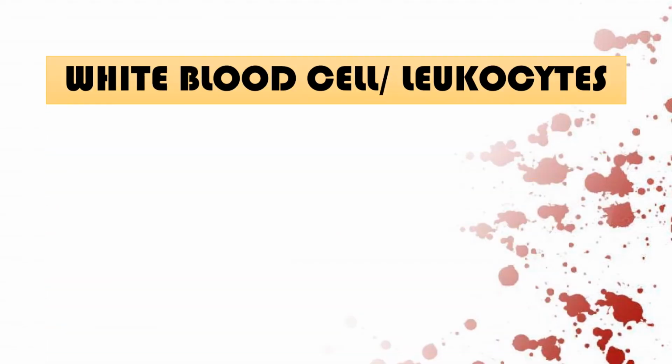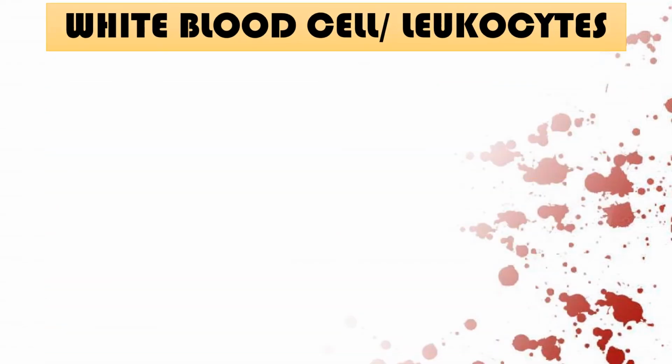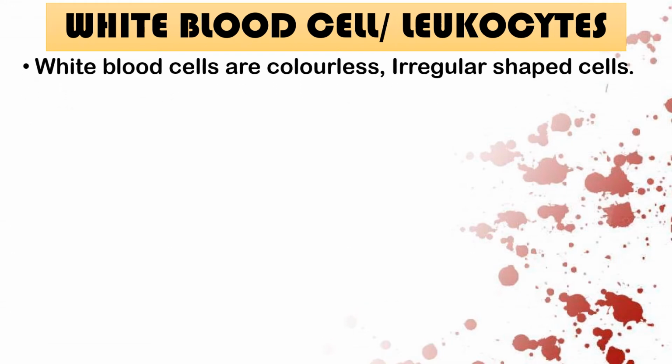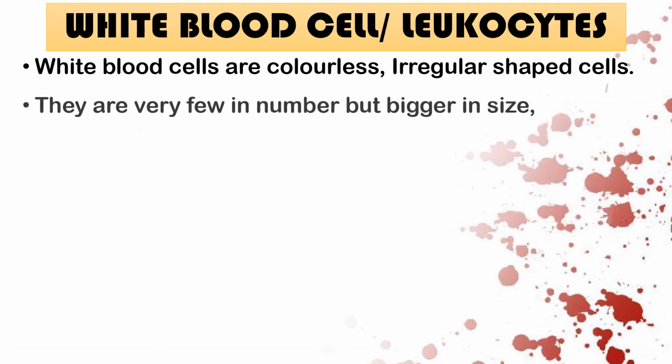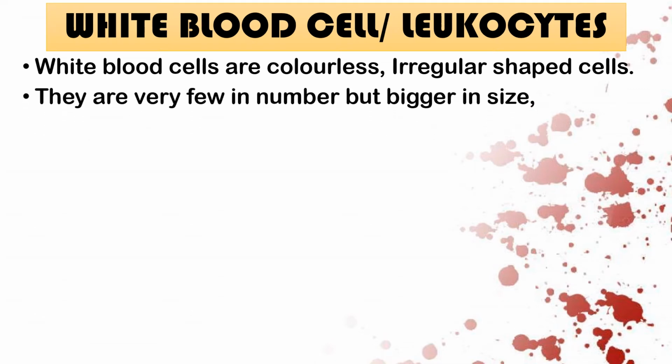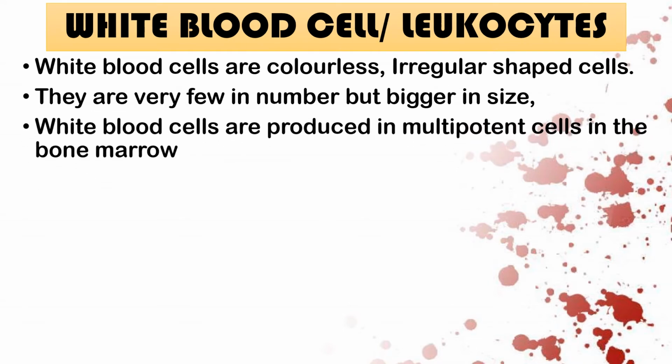The next type of cell present in blood is white blood cells, also known as leukocytes. White blood cells are colorless and irregular in shape. They are very few in number but bigger in size. White blood cells are produced from multipotent cells in the bone marrow.